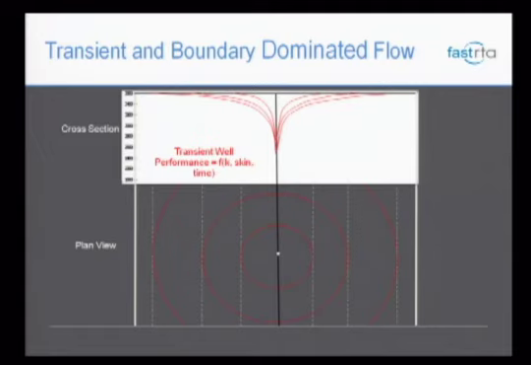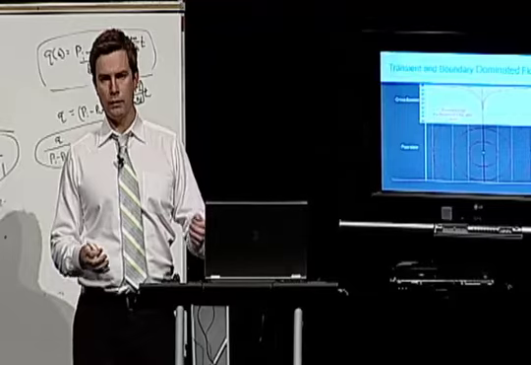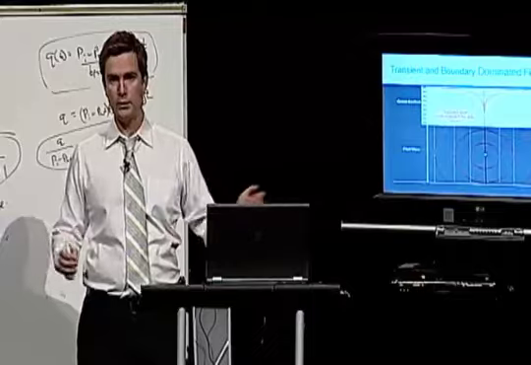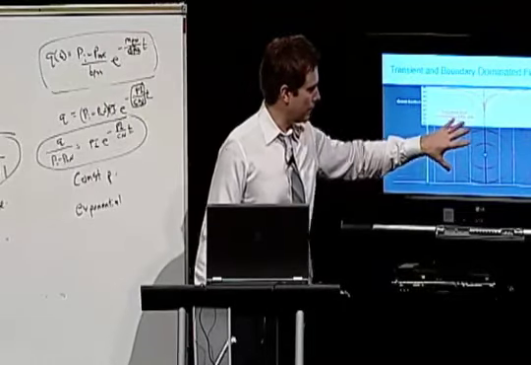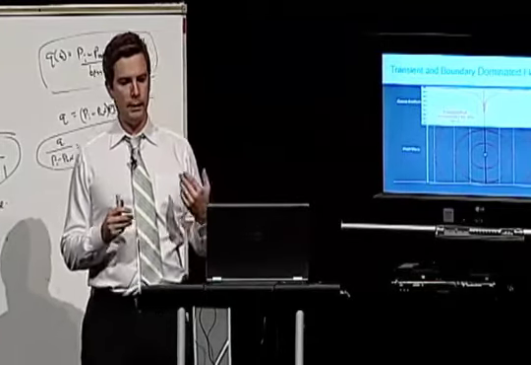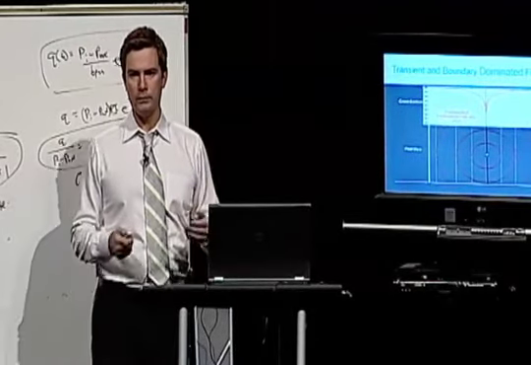Now, that will be true provided that the reservoir is homogeneous and isotropic. If the reservoir has heterogeneous properties, or has strong anisotropy, then the shapes of these circles may be skewed. And indeed in real reservoirs that's going to be the case.